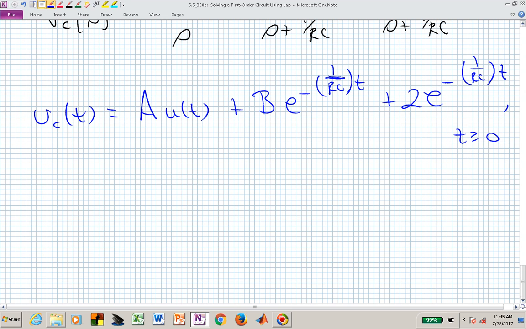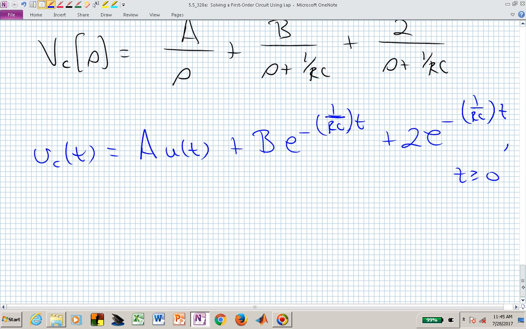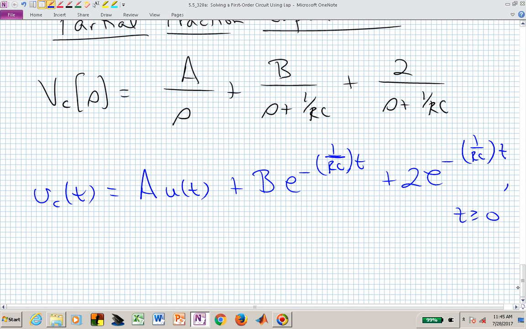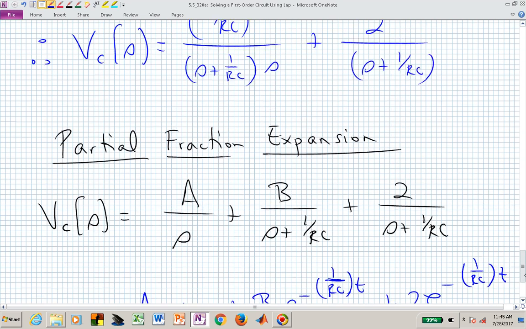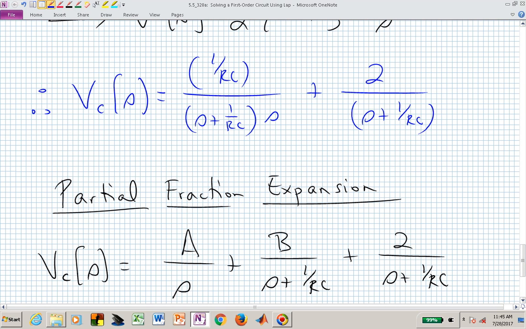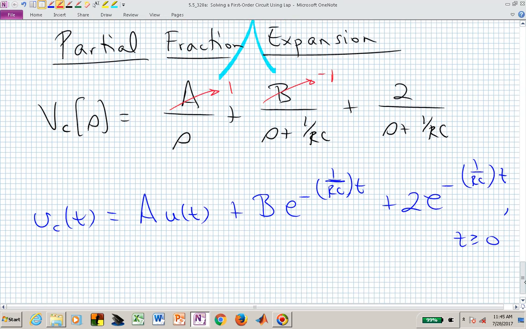If you go through the partial fraction expansion, I will let you do that on your own, but if you did that for this particular piece, then you will find that A becomes 1 and B becomes minus 1, irrespective of what RC is equal to.